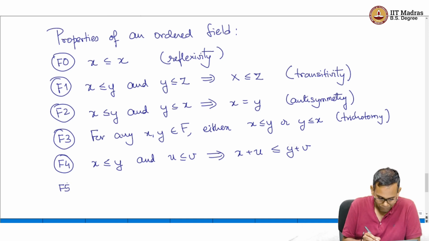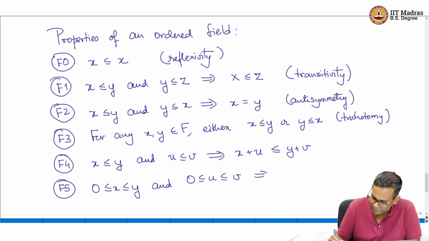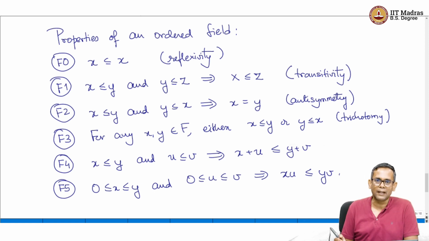And the last property that I would like to list here is that if 0 is less than or equal to x less than or equal to y and 0 less than or equal to u less than or equal to v, then xu is less than or equal to yv. All these properties can be derived quite easily from the axioms that we have written down earlier.